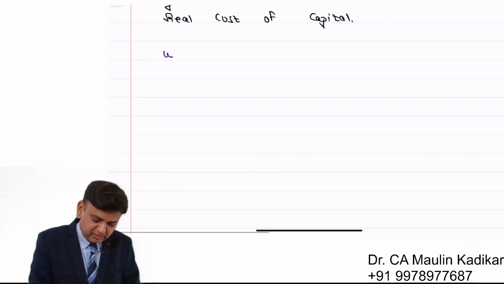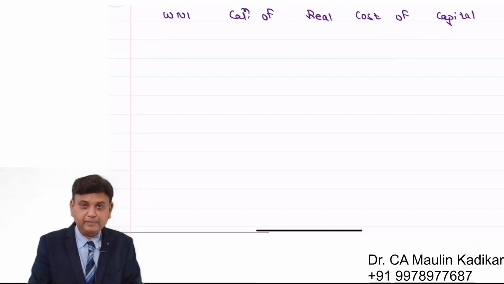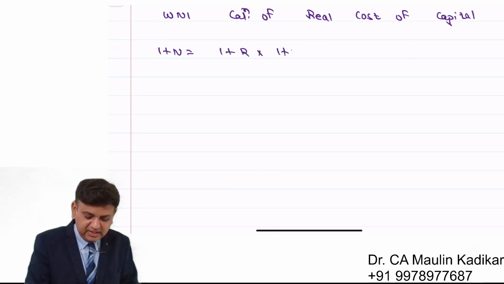Write down working note number 1, calculation of real cost of capital. In that write down: 1 plus n is equal to 1 plus r into 1 plus inflation rate.